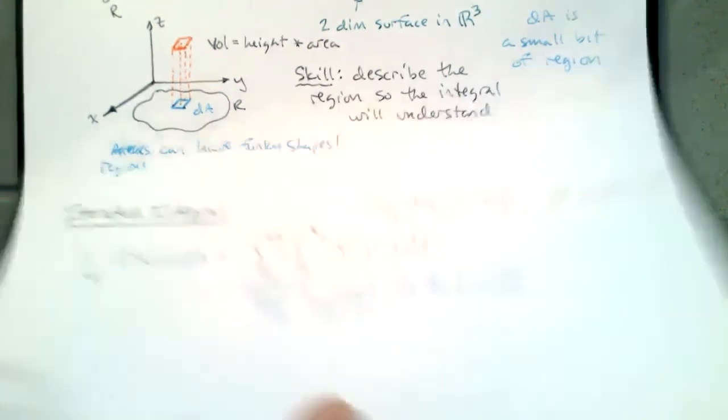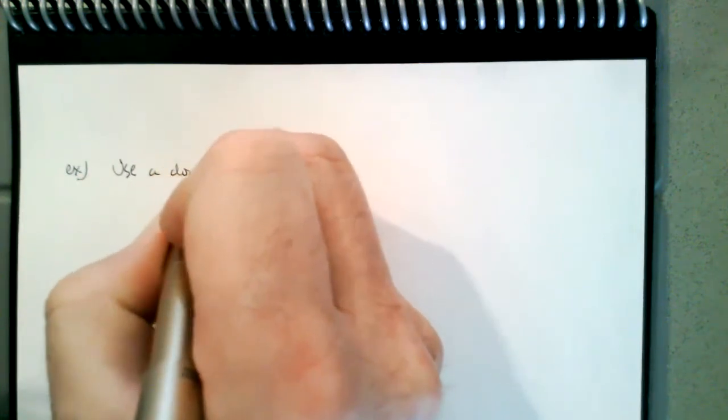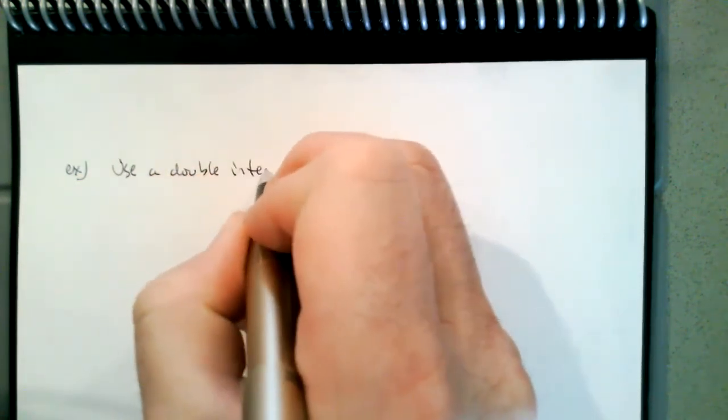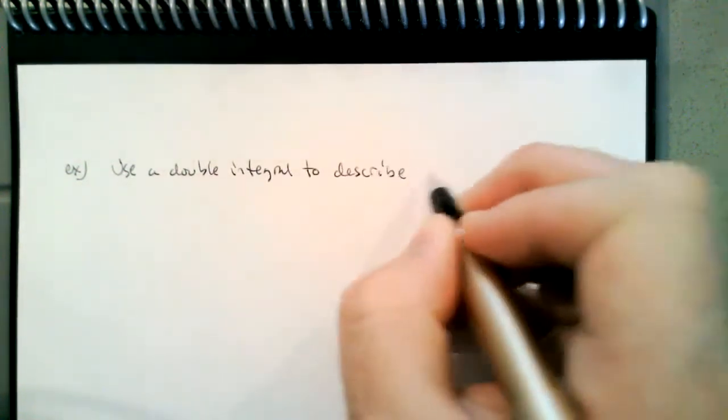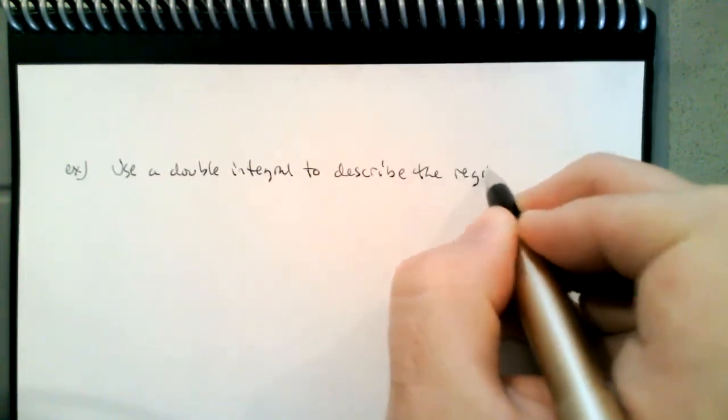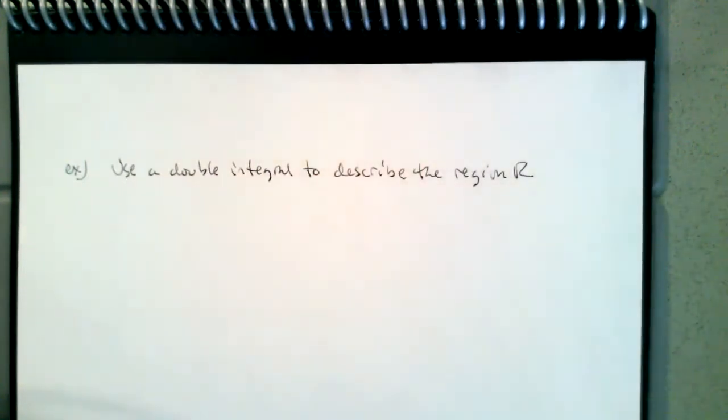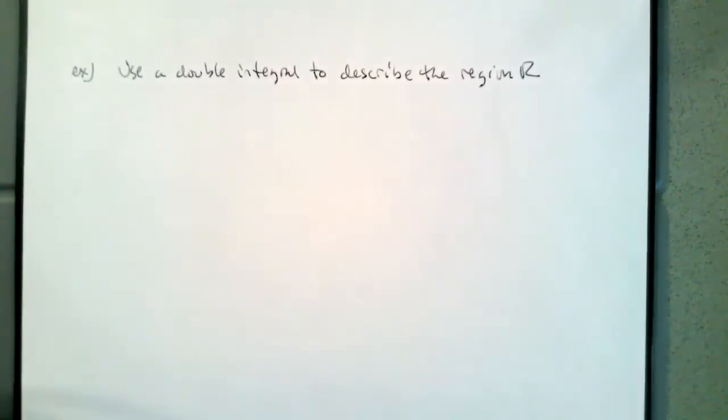So let's look at an example. Let's use a double integral to describe a region.